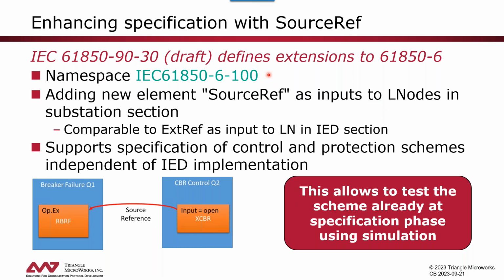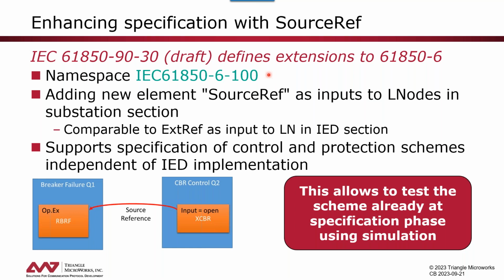So the key element for our topic today that we add there is an element SourceRef, which can be used to document signal flow between logical nodes from our specification, so from our substation section, independent of allocating functions to IEDs, independent of communication mechanisms.